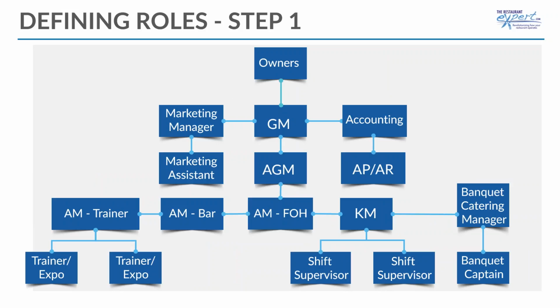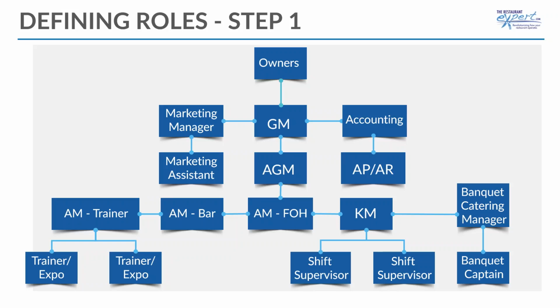We can say I have a bigger company. I've got the owners, and then I've got a general manager, and there's also a marketing manager and an accounting manager. Underneath the GM, there's an AGM, an assistant GM. Well, underneath the marketing manager is a marketing assistant, but notice the GM is not in charge of the marketing people. The owner is. The GM is not in charge of the accounting.